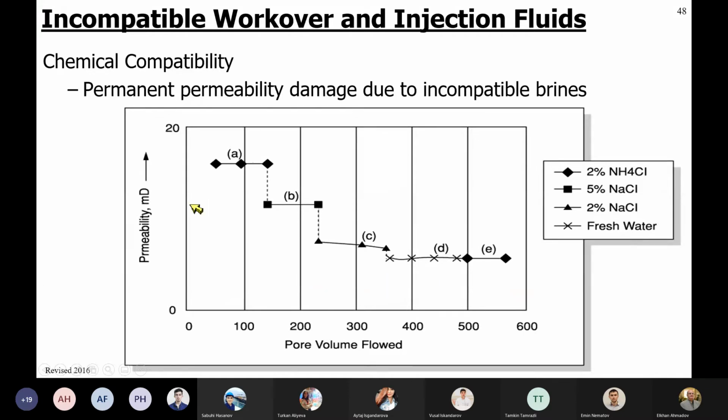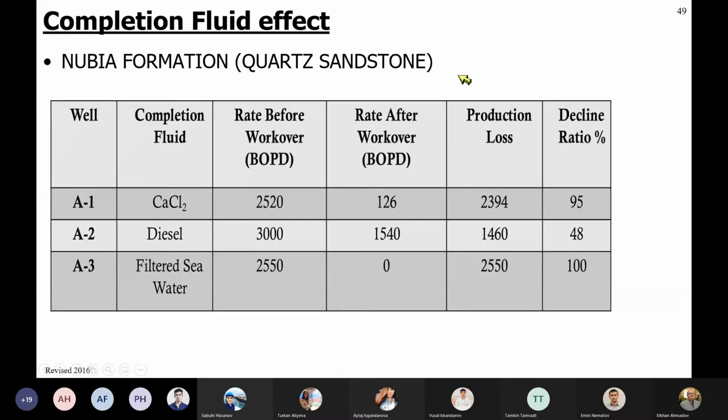Completion fluid effect. It is an example from a Nubia formation, one of the oil fields. So you can see how the completion fluid affected the results of the workover.